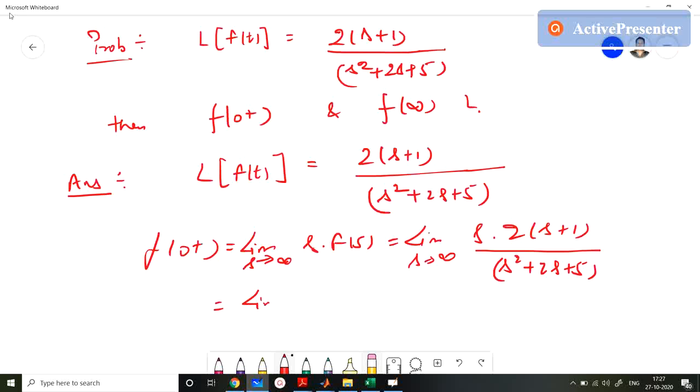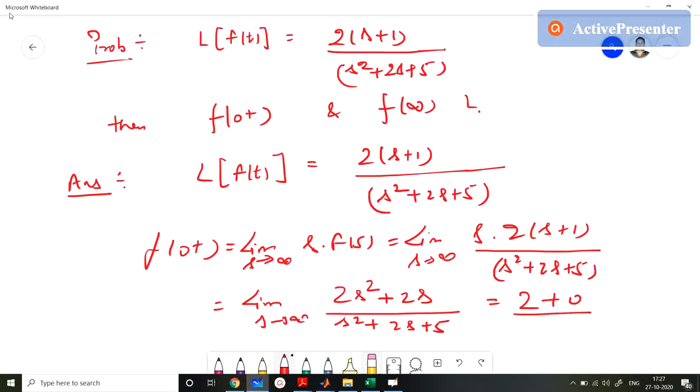Before that we can write it in this form: we multiply s into all these terms, so it is (2s² + s) divided by (s² + 2s + 5). Now if we apply the L'Hospital rule, we will get 2 plus 0 divided by 1 plus 0 plus 0. Please check this. We will get the initial value as 2.